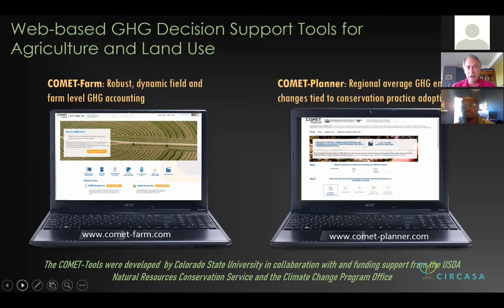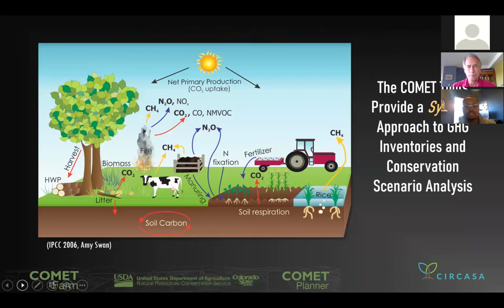Whereas with COMET-Planner, we've taken literally millions of estimates generated with the methods within COMET-Farm and created essentially regional average impacts of adoption of standardized conservation management practices. So it's a tool that is simple to use, and it has a different kind of application, particularly perhaps for government planning purposes. So we'll get a little bit more into particularly COMET-Farm now.